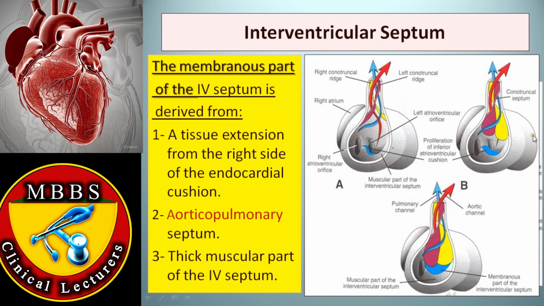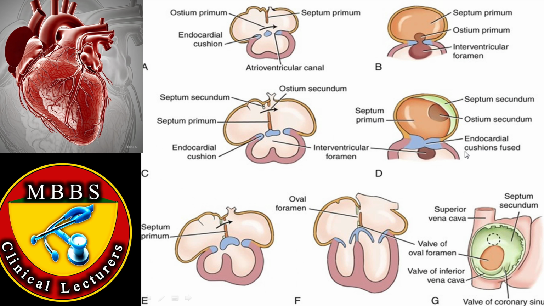Okay, so the membranous part or the outflow tract of the interventricular septum is smooth, and it is derived from the aortopulmonary septum and from the endocardial cushion.